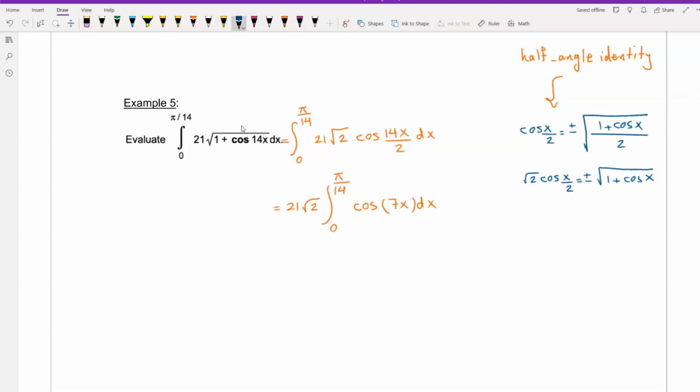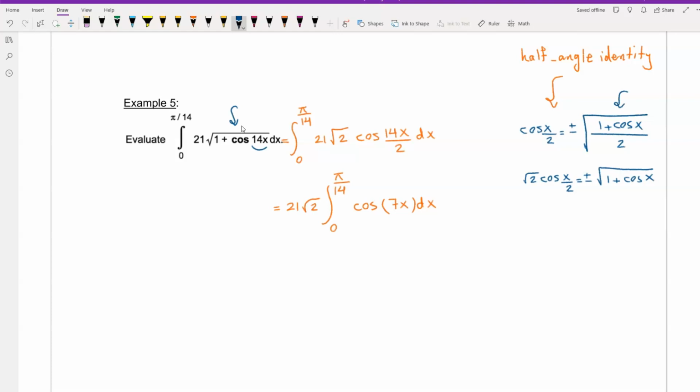So what we had here for half angle, cosine x over 2 is equal to plus or minus square root of 1 plus cosine x over 2, but in this case, instead of x, we have 14x. So I simplified this part because we have square root of 1 plus cosine 14x, and on this part we have square root of 1 plus cosine x divided by 2.